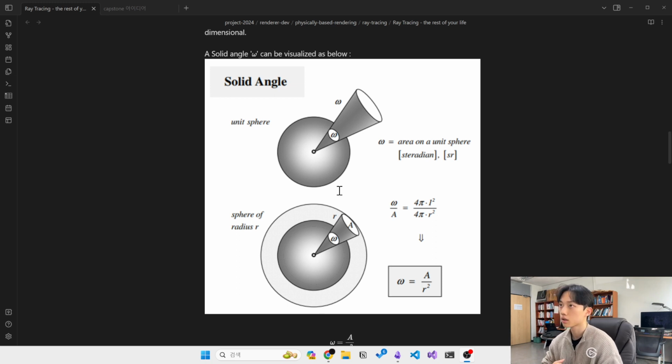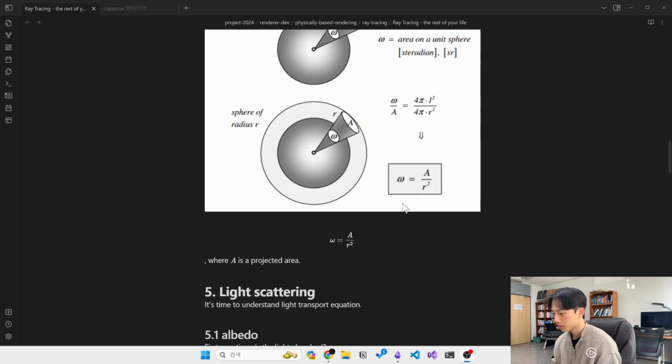So originally we only used radians, which is the zero-dimension angle that we can use on a one-dimensional axis. But in three-dimensional cases, we need another angle that can be represented as a surface area on the sphere.